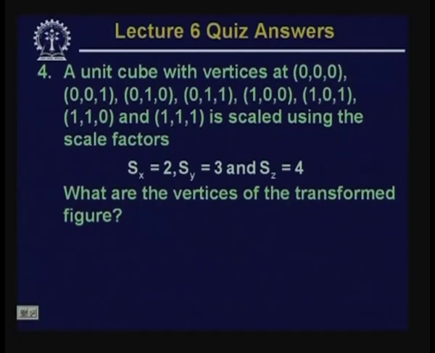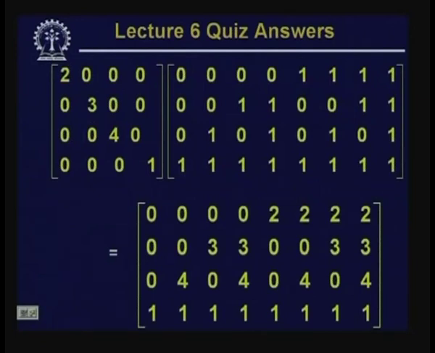Then we had given another problem with vertices of a cube where the scale factors were 2 along x axis, 3 along y axis and 4 along the z axis. So, if we transform this cube with the help of these scale factors, then finally I will get the transformed coordinates like this: 0 0 0, 0 0 4, 0 3 0, 0 3 4, 2 0 0, 2 0 4, 2 3 0 and 2 3 4.